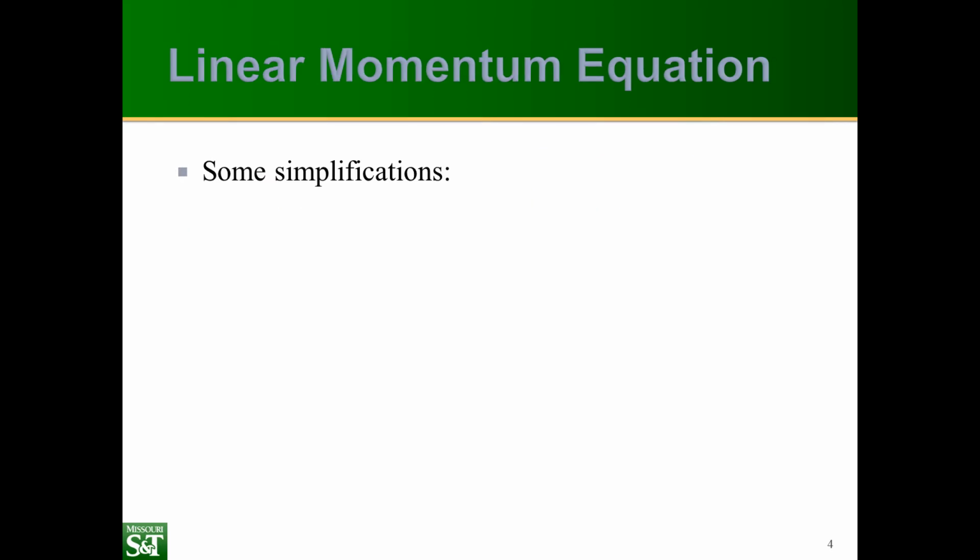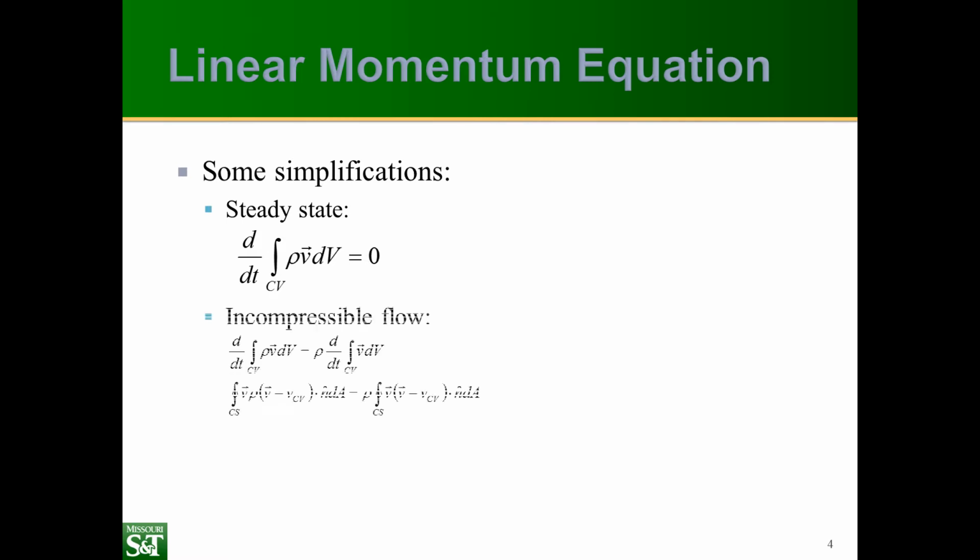Now, as with conservation of mass, we can simplify the linear momentum equation, right? We can look at steady state cases where we can eliminate the time derivative. That makes this equation much easier to solve. We can also look at incompressible flow, so we can remove the density from the integrals and the derivatives.